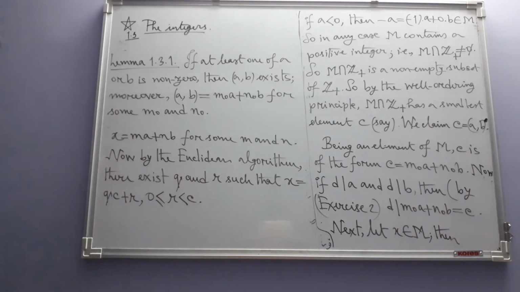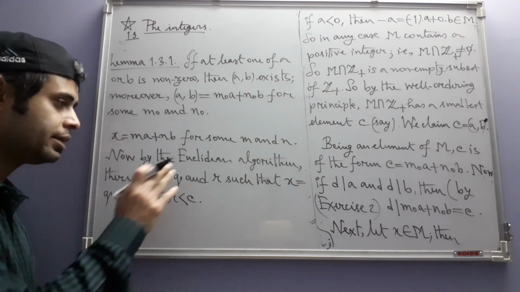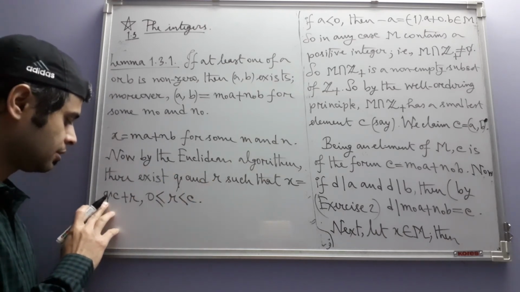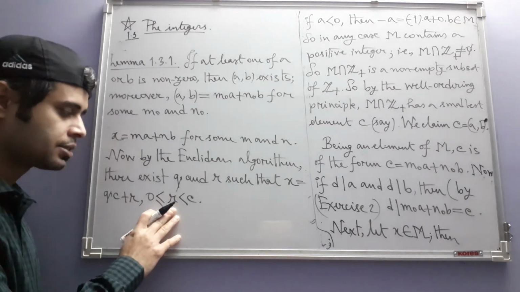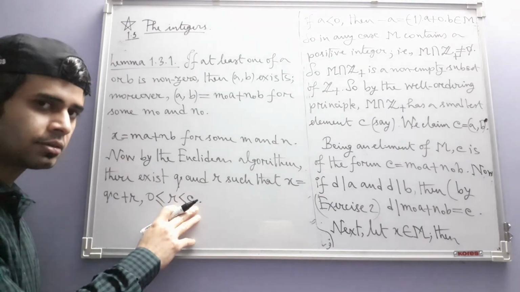Okay, so we have so-called divided X by C. We have obtained the quotient Q and remainder R. The R is non-negative and its size is strictly less than C.